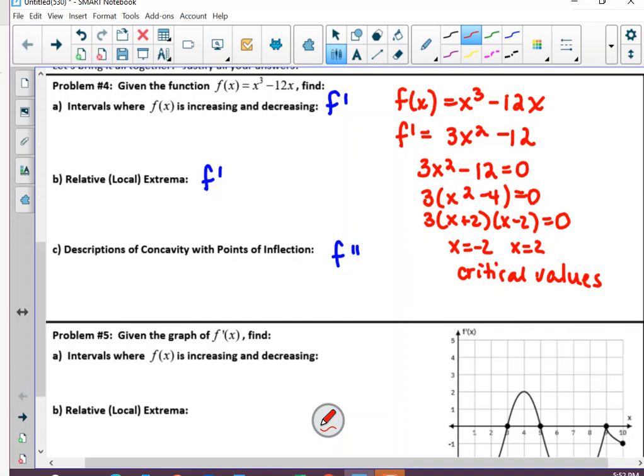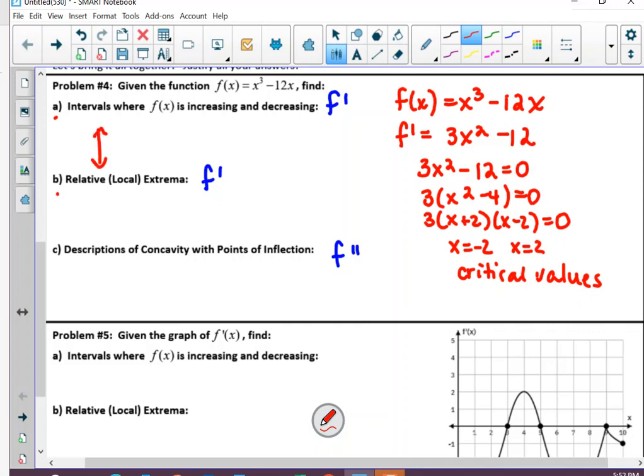Nice thing about a video is that you can always stop it, pause it, rewind it, and adjust it to your speed. So, increasing, decreasing, relative or local extrema, both of these have to do with whether f prime is positive or negative around the critical values.